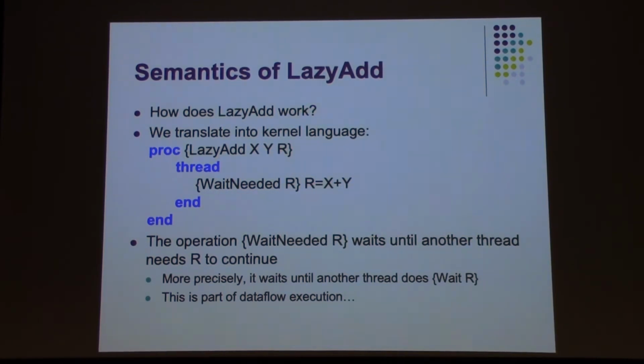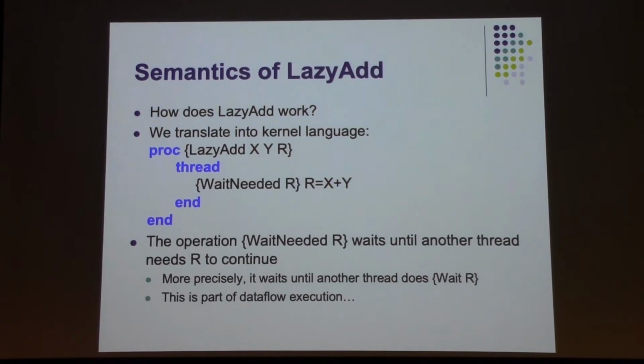And the plus needs its two arguments, and that will cause the wait needed to continue. So the wait needed waits until somebody else needs the result. So that's a very interesting kind of operation. And if you've never seen this kind of operation, you have to think a little to understand really what's going on. Okay?